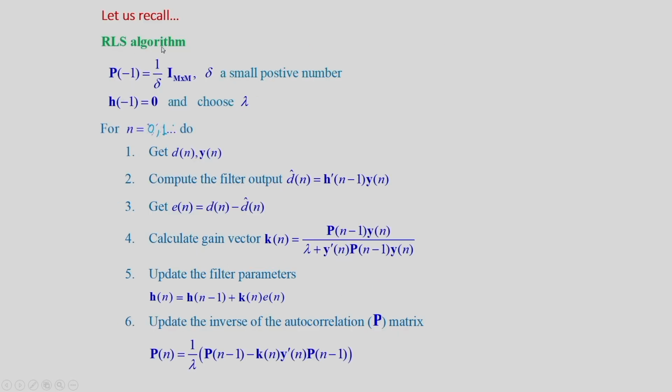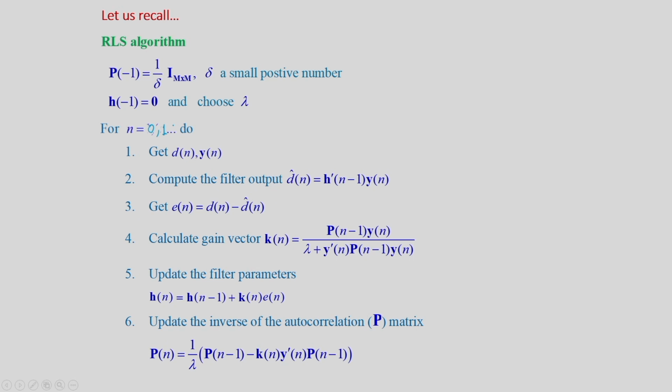Let us recall the RLS algorithm. Initialize the P matrix: P of minus 1 is equal to 1 by delta into identity matrix, where delta is a small positive number, and filter coefficients are initialized to 0. We have to choose a proper value of lambda, around 0.95, 0.98, 0.99, like that.